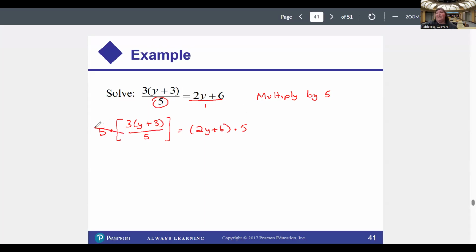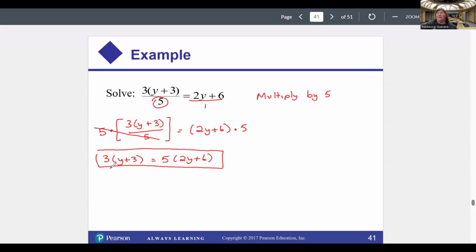So here, this 5 and this 5 cancel, and I'm just left with my 3 times (y plus 3). Well, I can't cancel this one out because there's nothing to cancel with. So on this side, I just have 5 times (2y plus 6). So once again, we got something that's easy for us to handle.